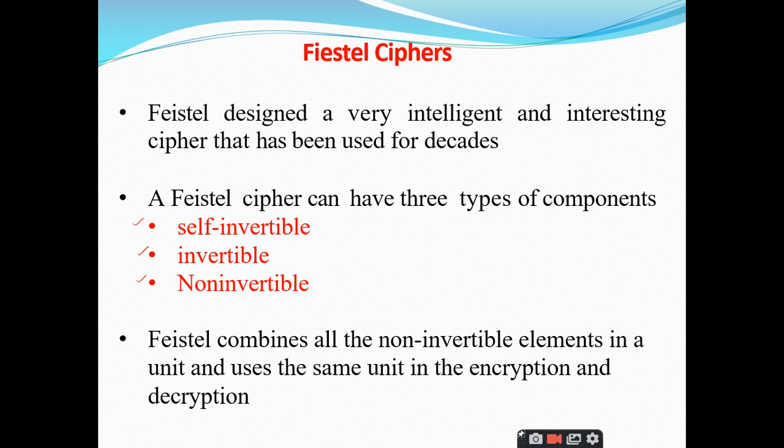So you can simply keep it in mind that the non-invertible components can also be used in Feistel ciphers, but we won't directly make use of the non-invertible components, right? What you will do is combine them as a single unit, and make use of the same unit for both encryption and decryption. Is it clear up to this point? Yes, sir.